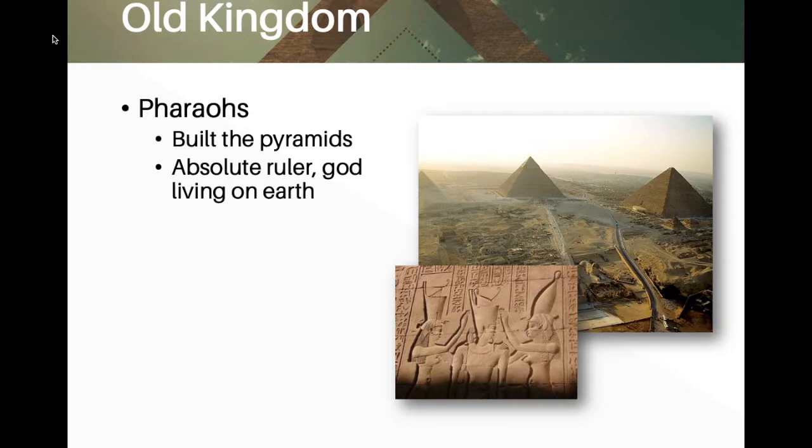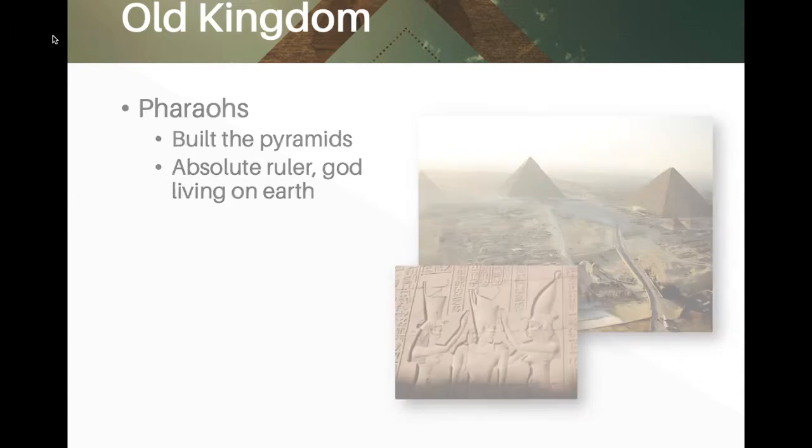But just to give you an idea, from the beginning of ancient Egypt to 332 BC, for well over 2,500 years, there were 32 dynasties that ruled in Egypt.